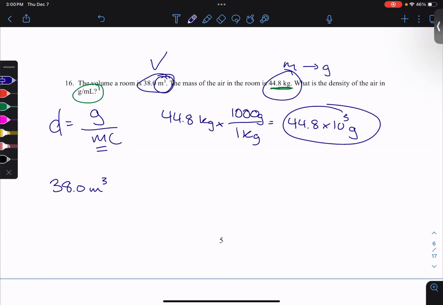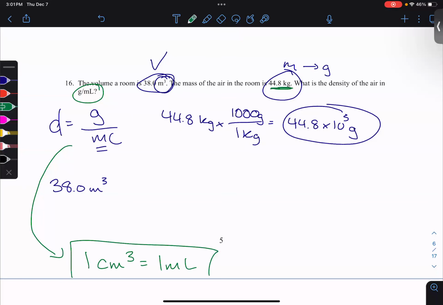So there's another conversion that you need to memorize that's going to be helpful here, and that is 1 centimeter cubed equals 1 milliliter. Because that's the conversion that gets us from the cubic volume realm to the liquid volume realm. Very useful. So this is more useful to us because I can actually relate a meter cubed to a centimeter cubed.